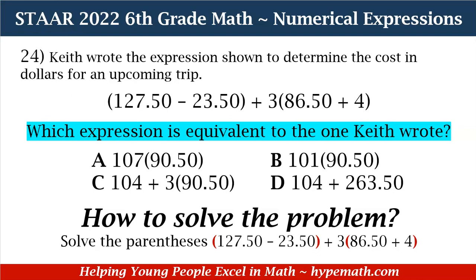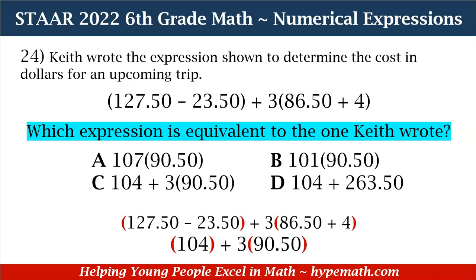So in our parentheses, we have 127.50 minus 23.50, and that is equal to 104. Plus, we have 3 times, in parentheses, 86.50 plus 4. When we add those two together, that is 90.50. Okay, so what is our correct answer?